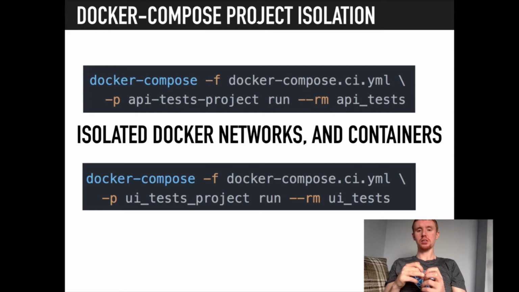And so what this means is we are executing --rm API tests, --rm UI tests. Those are the different service names in the YAML file, which have their own respective entry point script to execute the respective test suite under the hood.